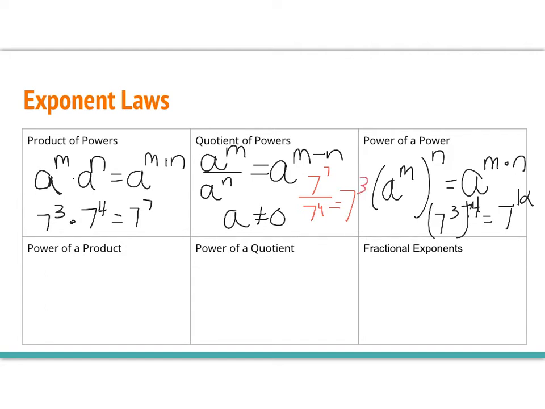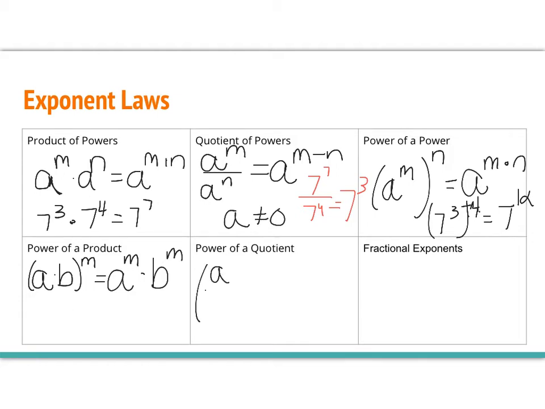Power of a product. In this one, if we have a times b all to the m, we can write this as a to the m times b to the m. Power of a quotient.